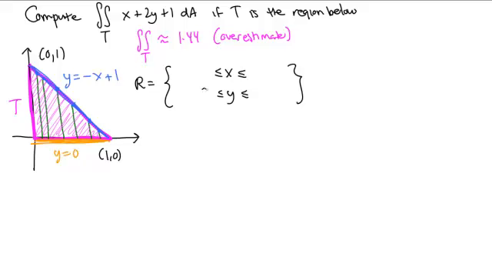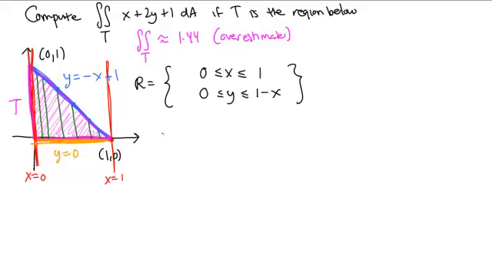So the bottom curve is y equals 0, and the top curve is 1 minus x. What about the extreme x values? Well, the leftmost side of the triangle is x equals 0. The rightmost x value is the point (1, 0), which means that x equals 1 is the rightmost value. And so here we've got this shape described as a vertically simple region.